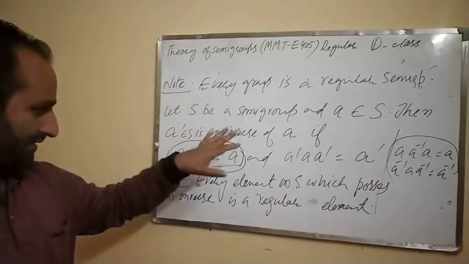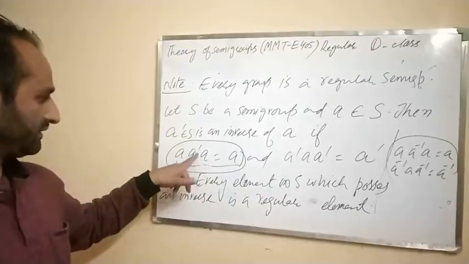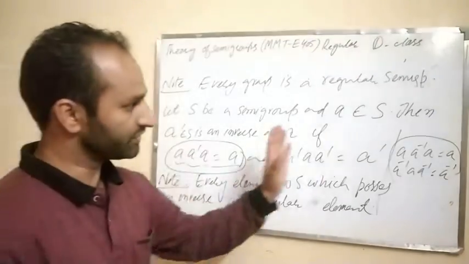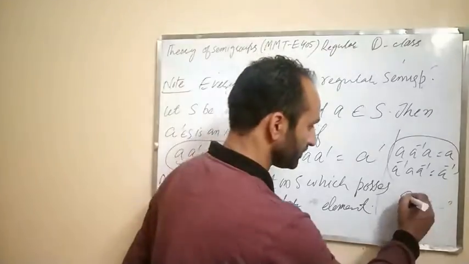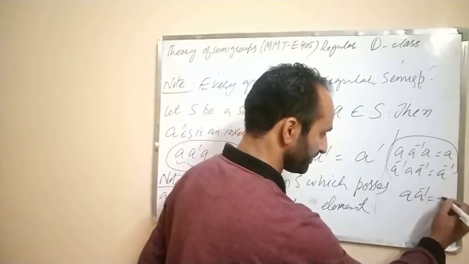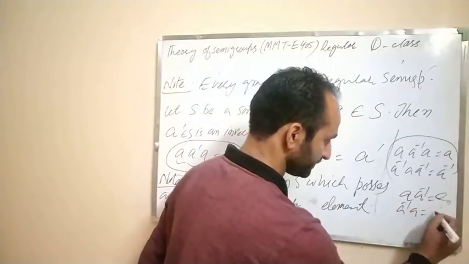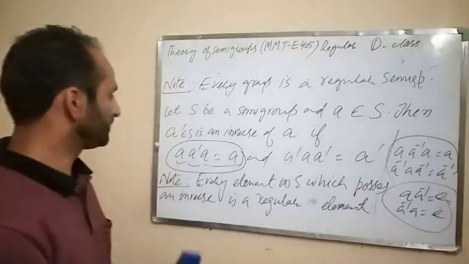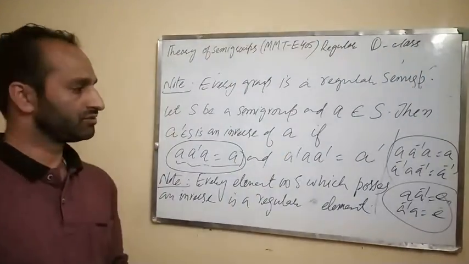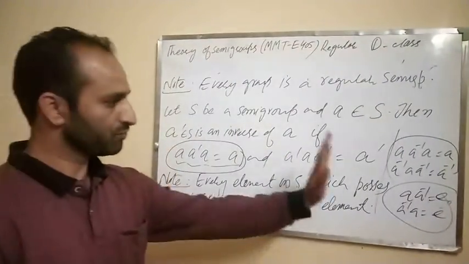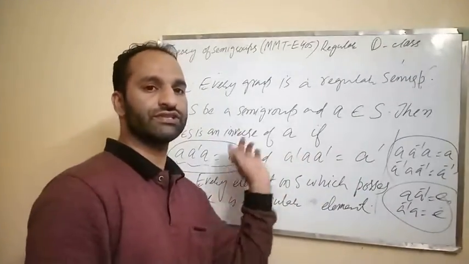The semigroup theoretic inverse, not the group theoretic inverse, because in the case of groups we have the inverse whose definition is this, but in the case of semigroups the definition of inverse is this. So they are different, but a group inverse is always a semigroup inverse. The converse is not true.